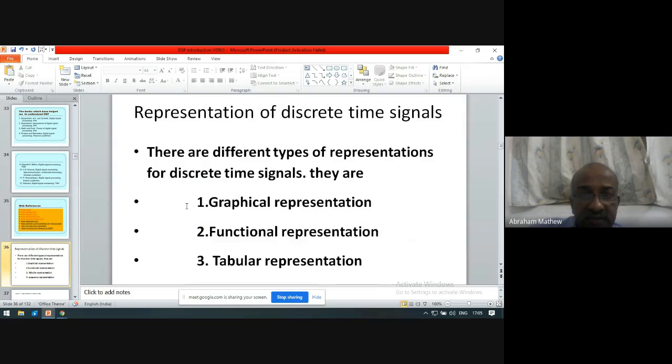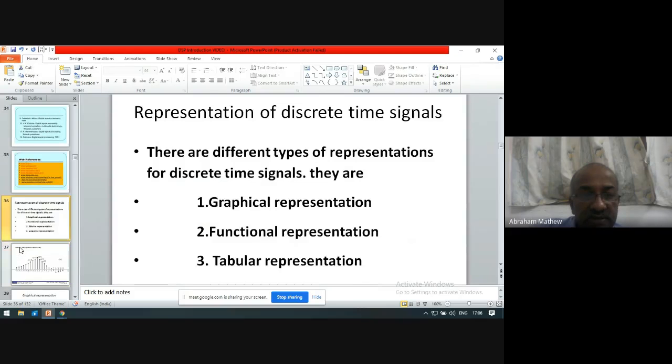That is the representation of discrete time signals. The major representations are graphical representation, functional representation, and tabular representation.